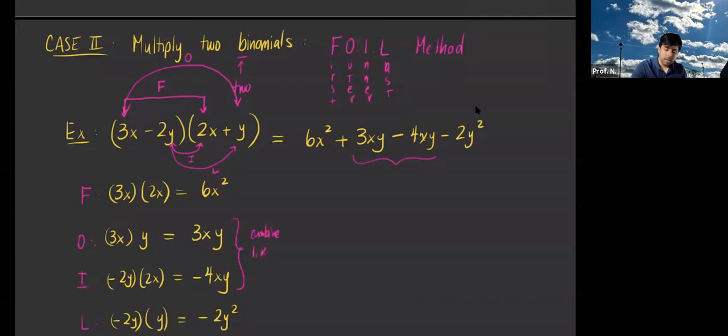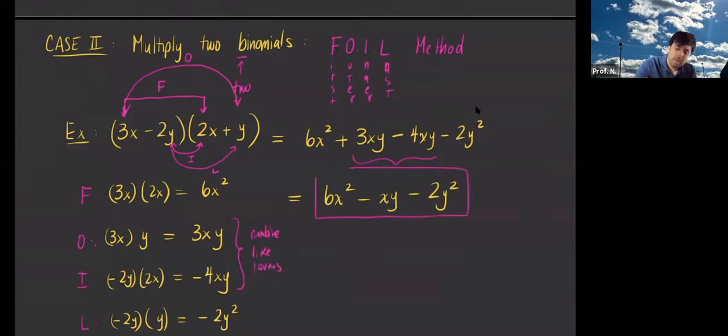Combine like terms. So this becomes 6x squared minus xy minus 2y squared. Boom. So that's the first, outer, inner, last, also known as the FOIL method.